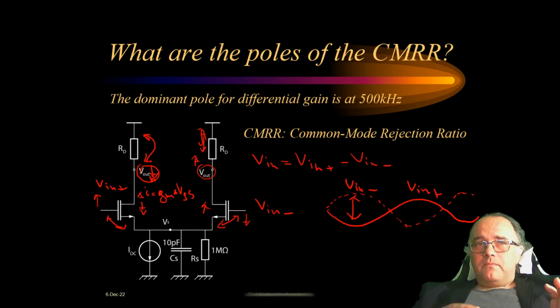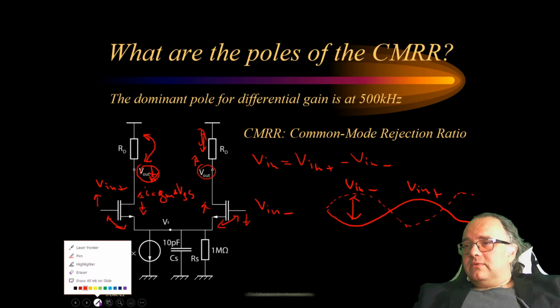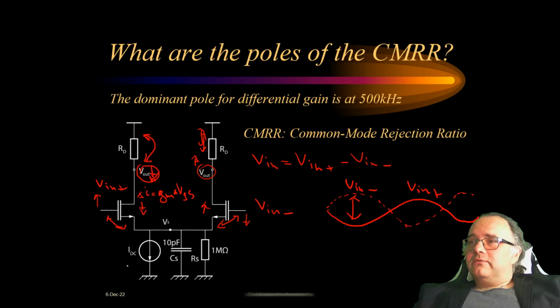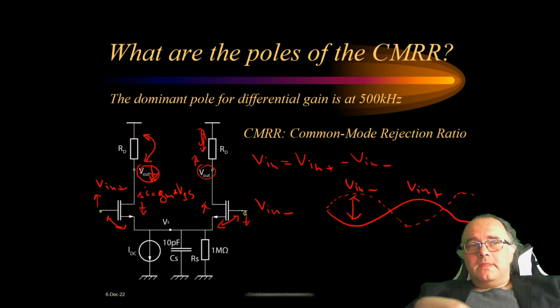Now let's see what is the big advantage of differential signals. We have to consider that these wires come from somewhere and propagate, and imagine that there is a disturbance on the way. A circuit, for example, switches, and these switching signals are coupled to the wire.